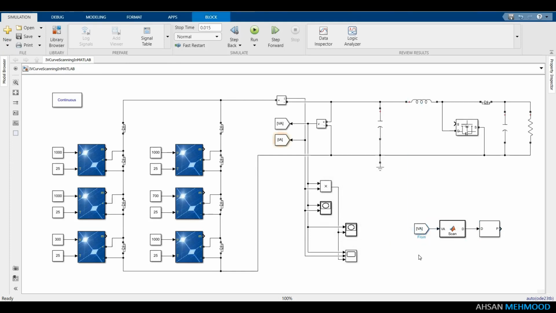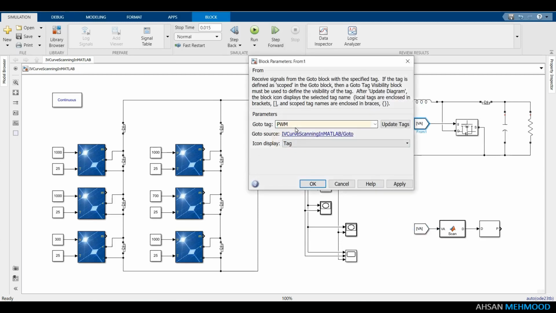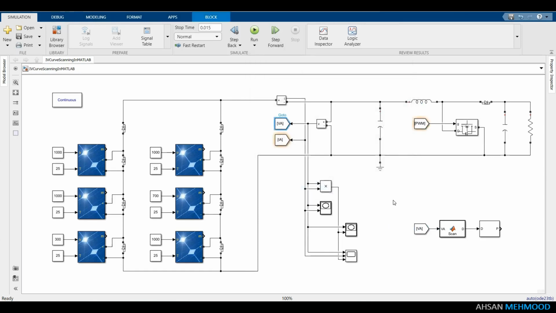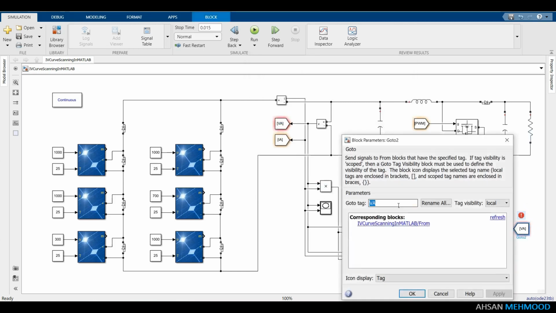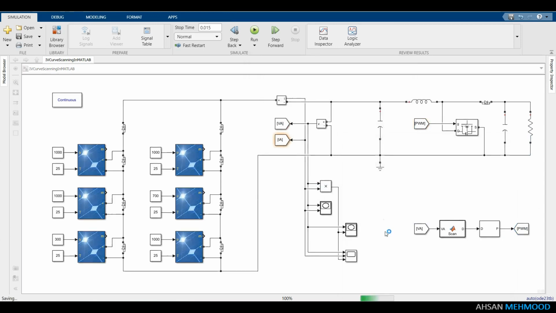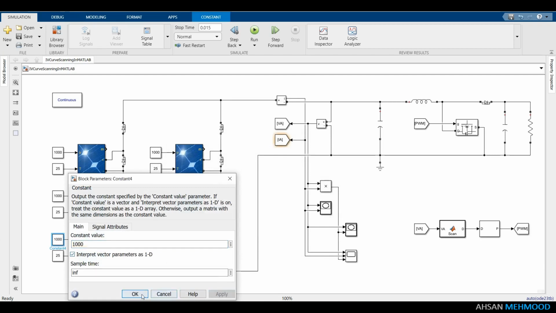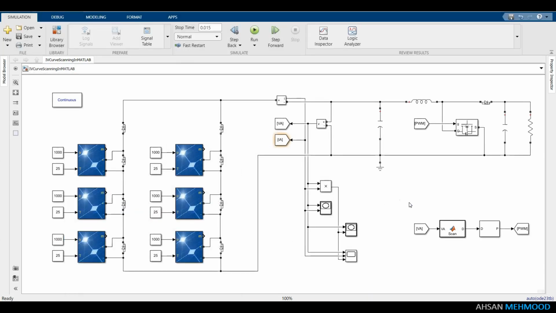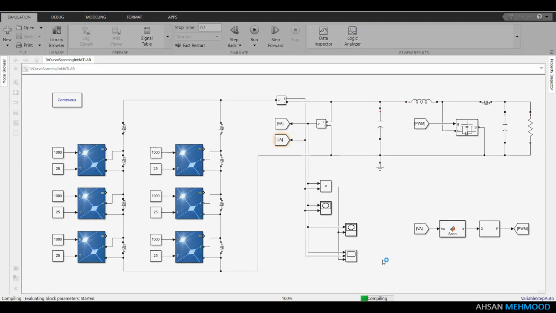Make the connections as shown on the screen. We have completed our online IV curve scanning circuit and are now ready to run the simulation for 100 milliseconds.